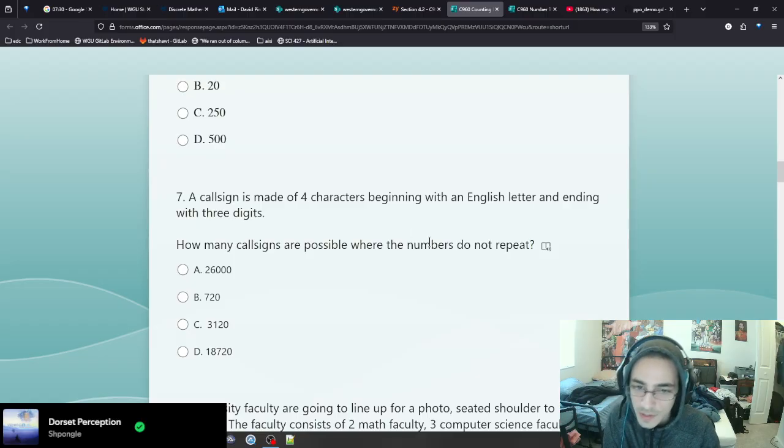I remember how to do this, I think. Very simple trick. The first character is an English letter, so 26 possibilities. The second character is a digit, which you have 10 of, and the next one is also a digit, but now you only have 9 possibilities because you used one of them for the second digit.